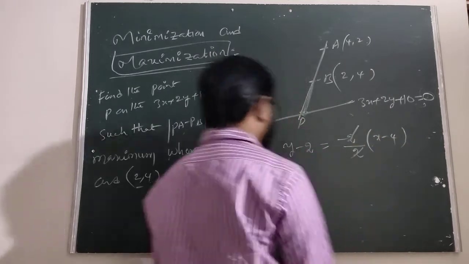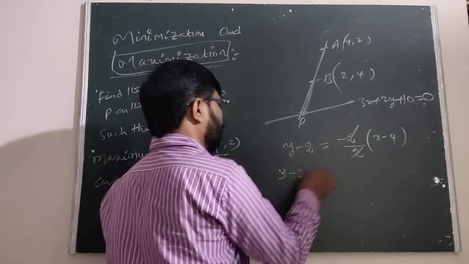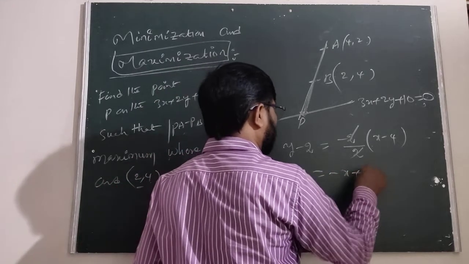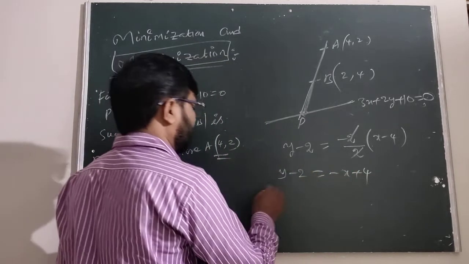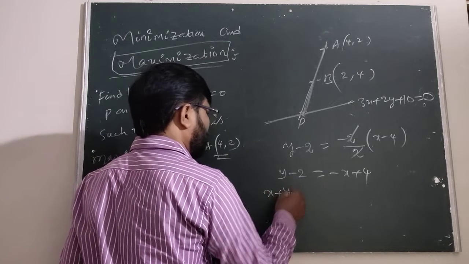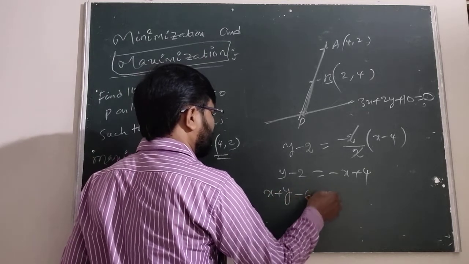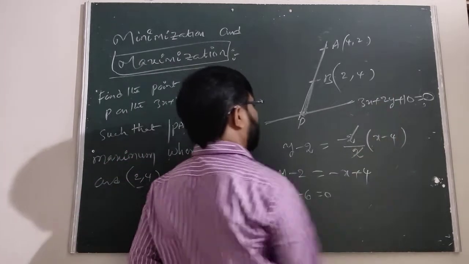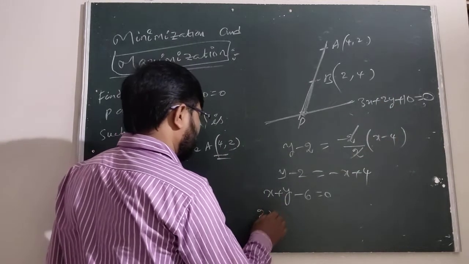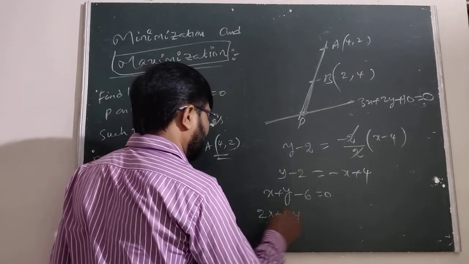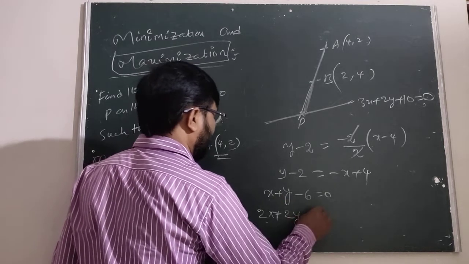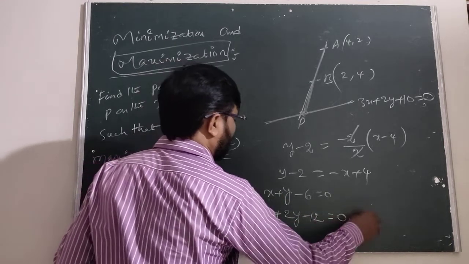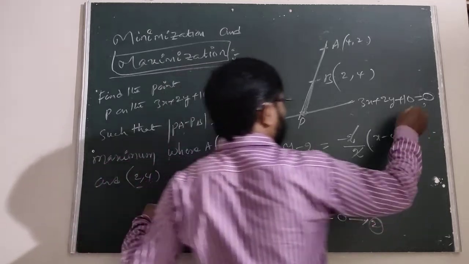Now y minus 2 is minus x plus 4. Sending these all to the other side, x plus y minus 6 equal to 0. This is the line. Now we have to multiply with 2: 2x plus 2y minus 12 equal to 0. Call this 2, and the given line is 1.